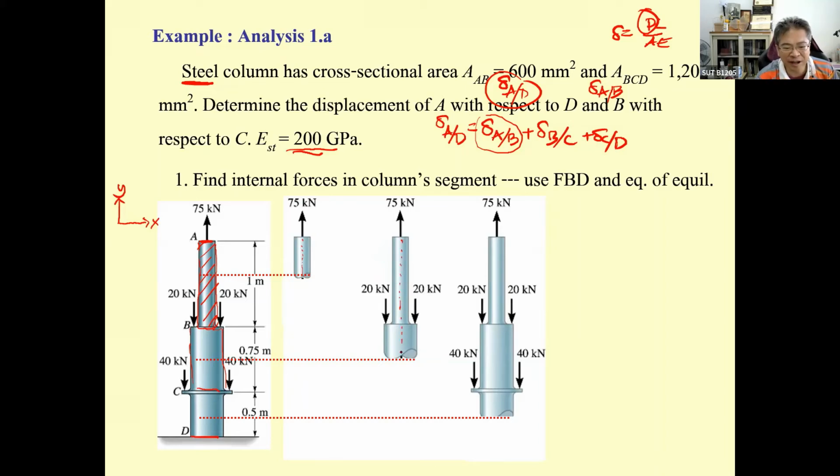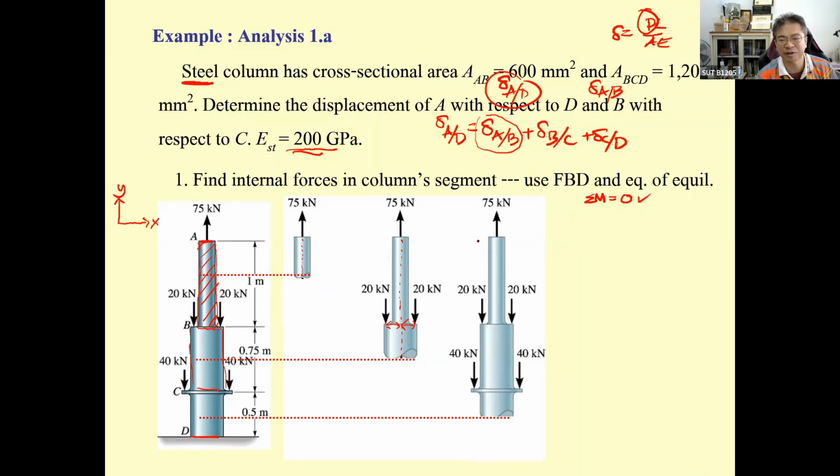For the second portion, since this length and this length are equal, the moments due to the 20 kilonewton on the left and on the right produce the same moment, so the summation of moment is automatically equal to 0.